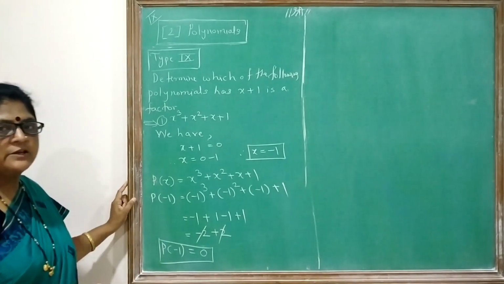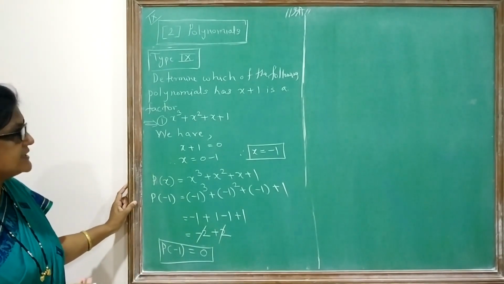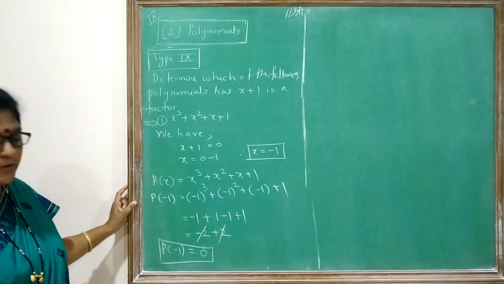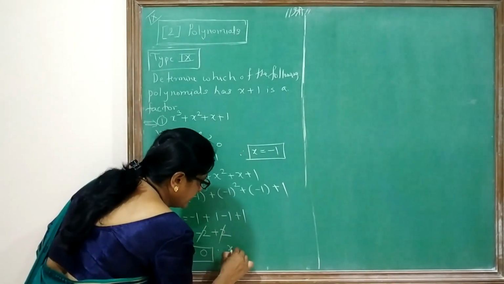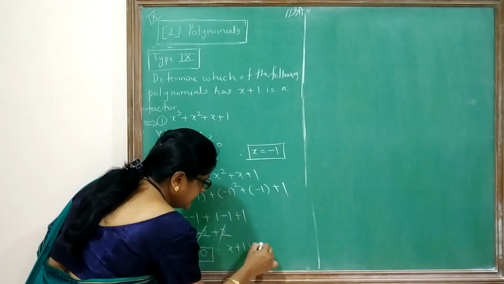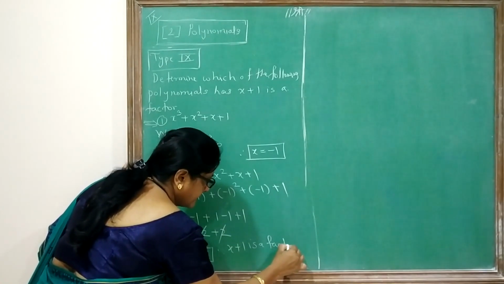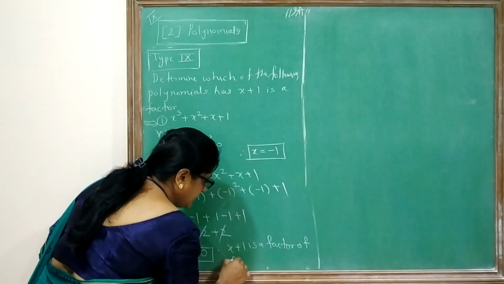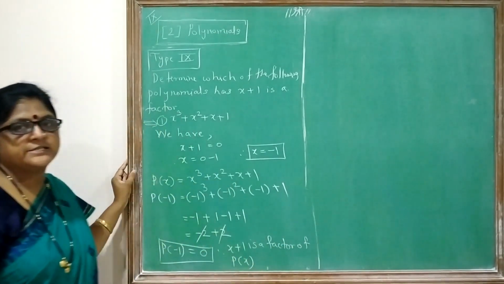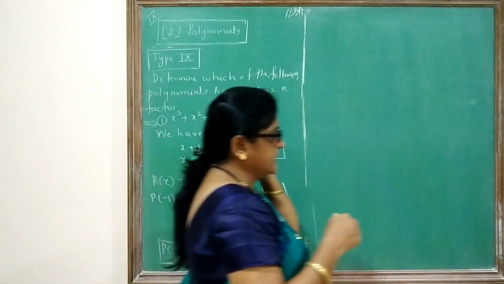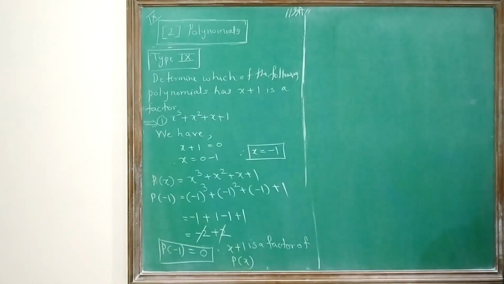Here the remainder is 0, which means x plus 1 is a factor of p of x. Therefore, x plus 1 is a factor of p of x because its remainder is 0. Then, see the second example.